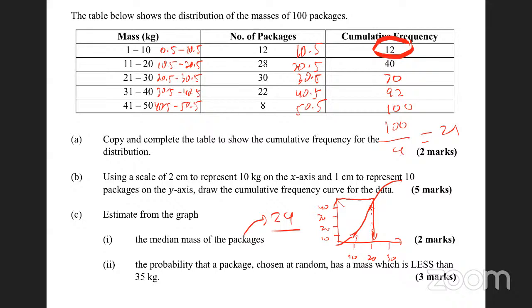Go on the x-axis and find 35. Then come up and read it off. Go on the x-axis, read off 35, go up, touch the graph, come back across.